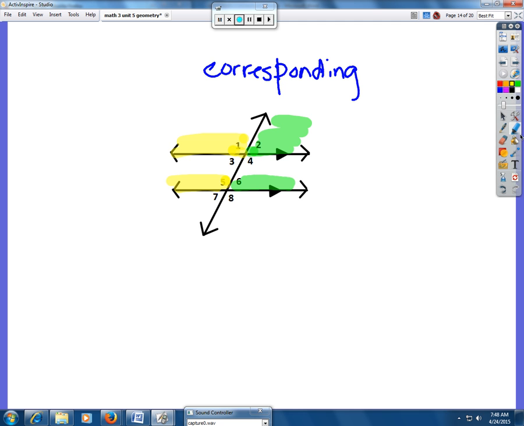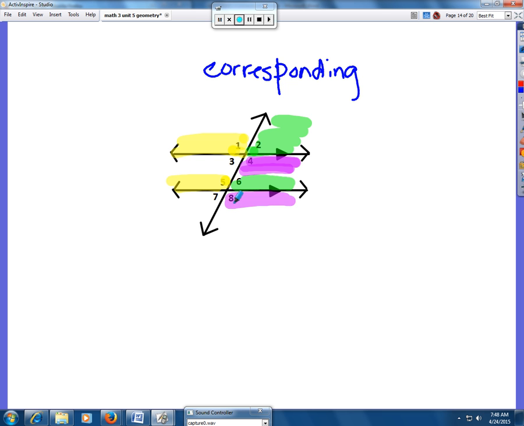Okay, what about below the parallel lines? Well, angle 4 is just below this side. The other one that's on this side of the transversal, below the parallel line, would be 8. And then the last pair, maybe red, blue, is 3 and 7.